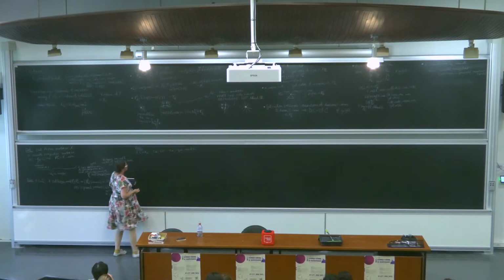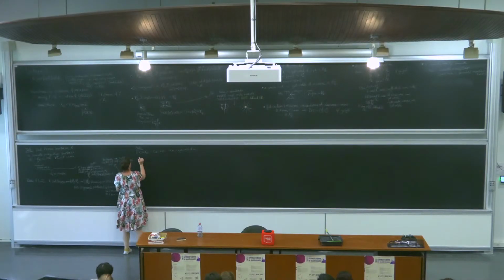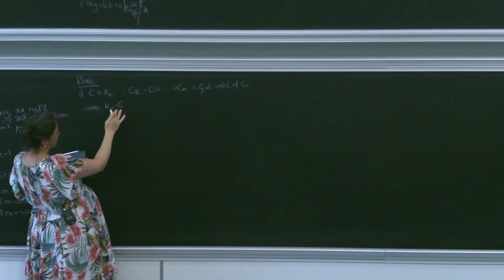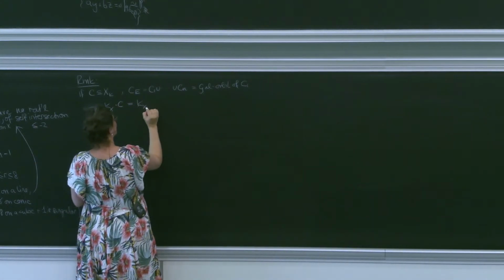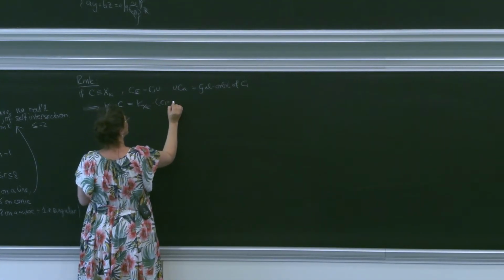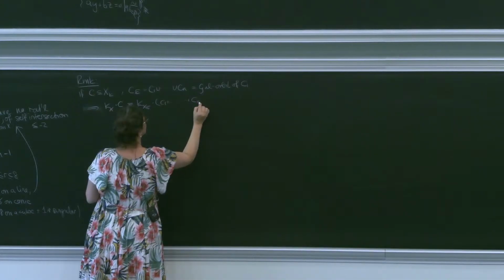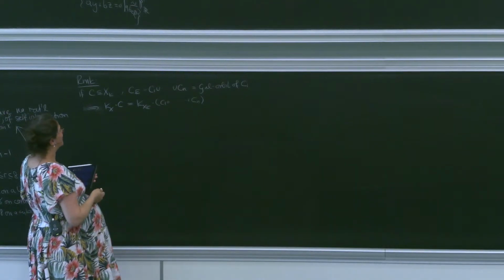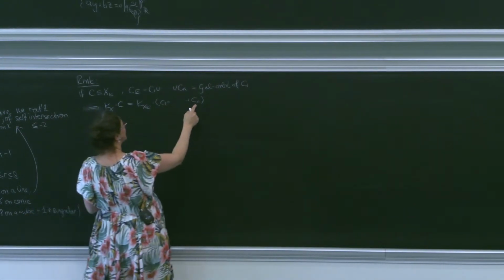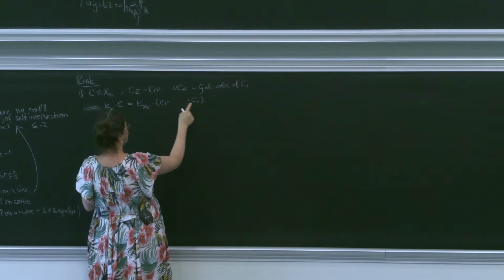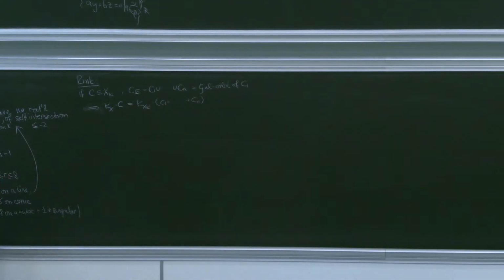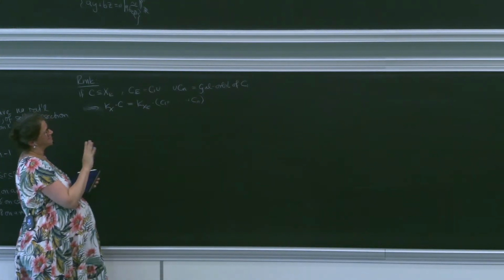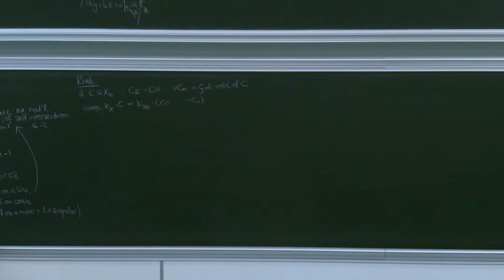Then Kx times C is just Kx bar times C1 plus C2, etc., up to Cn. Because of the Galois action, these all have the same self-intersection, because the Galois group doesn't change intersections.